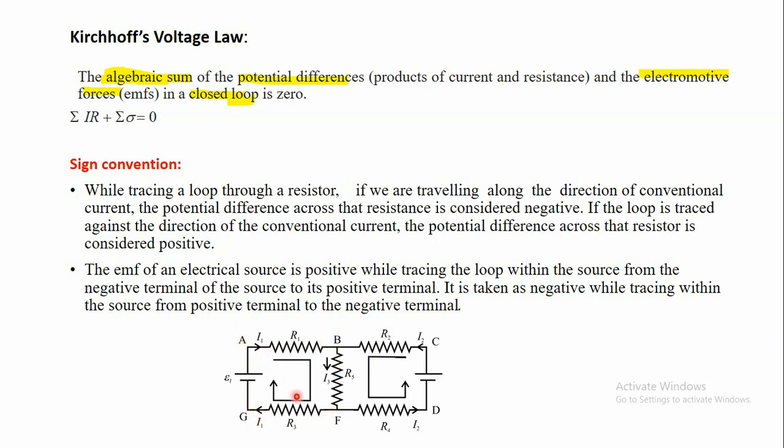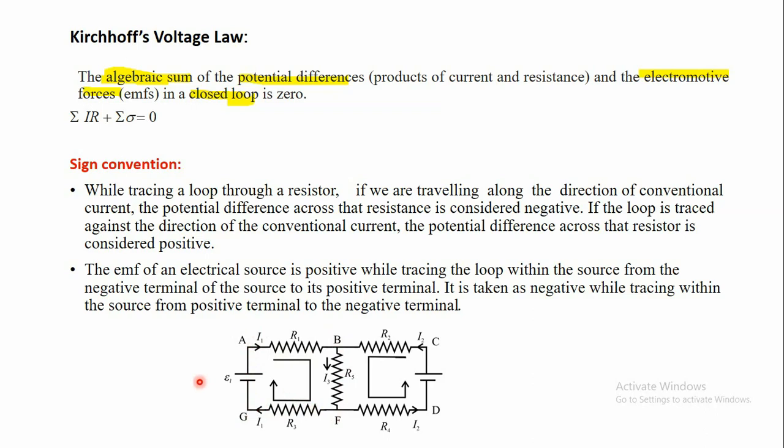I cannot move like this, because I have to complete the circuit. Since I have to complete the circuit, I have to travel on the boundaries, either in clockwise or anti-clockwise direction.